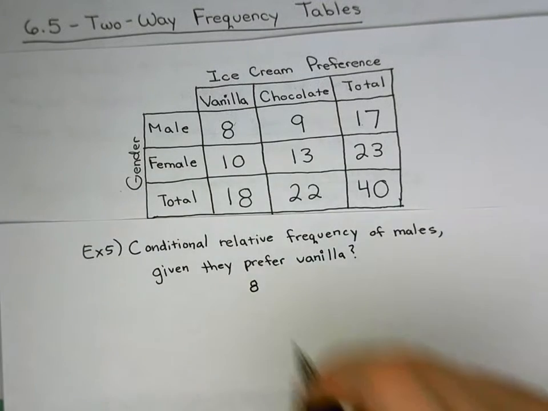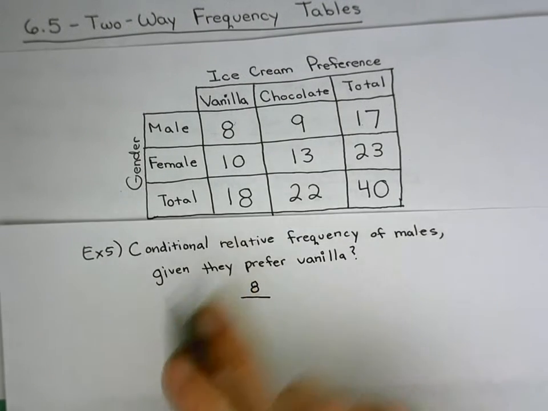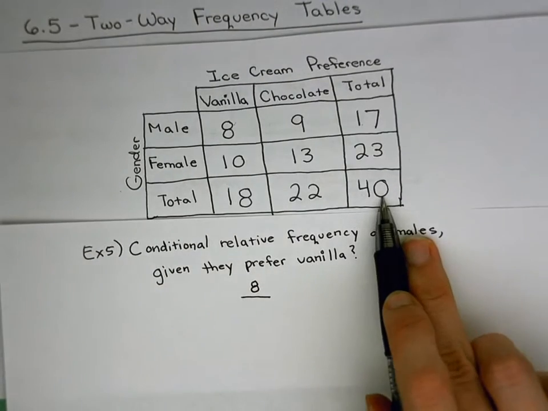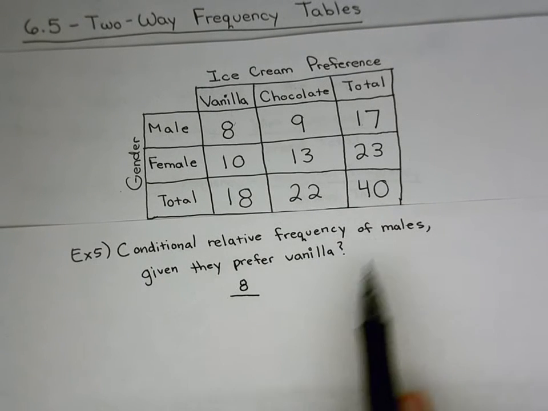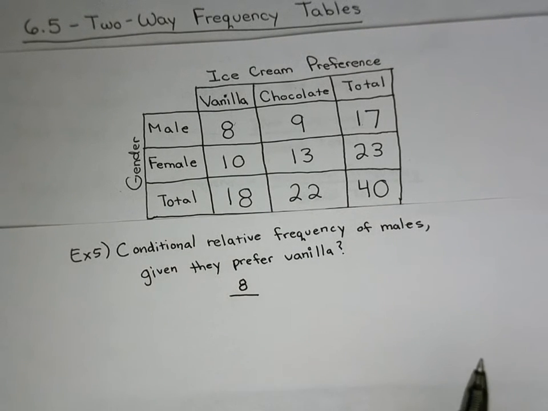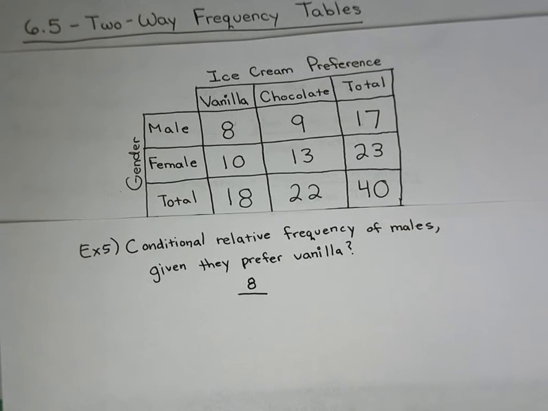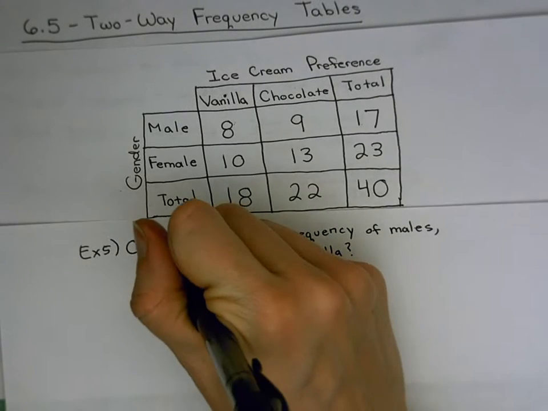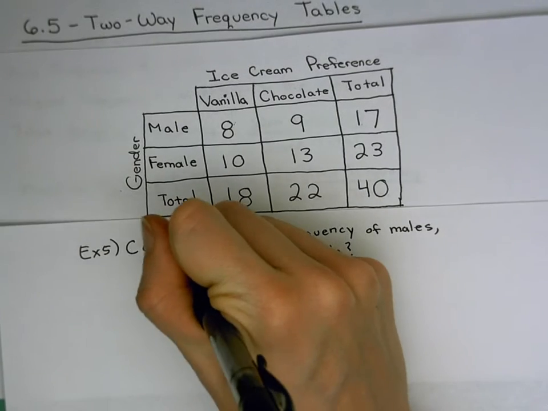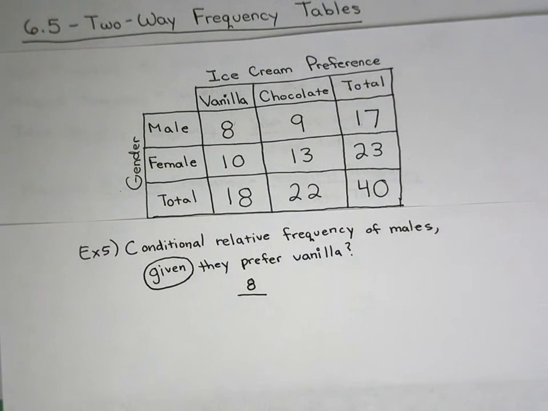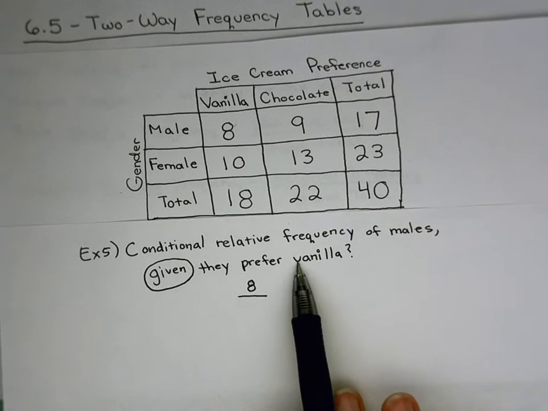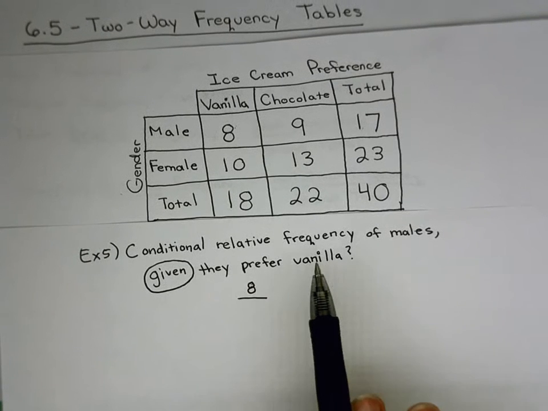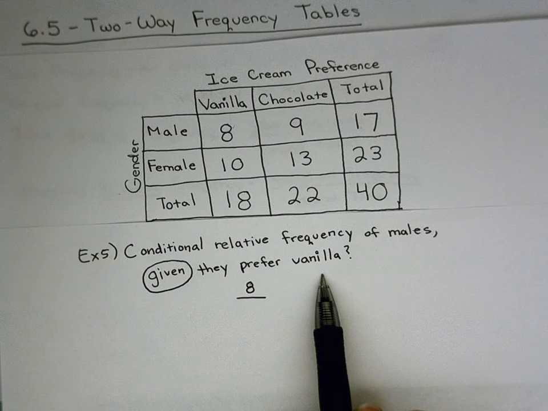Right? But now, because this is conditional, I'm not going to be dividing by my grand total. That would be if it was joint relative frequency or marginal relative frequency. Because it's conditional, there's a condition on this. And we're going to find that condition with the given, right? The given marginal condition. In this case, what follows the word given? Vanilla. That's my marginal. That's the marginal I'm going to be dividing by.